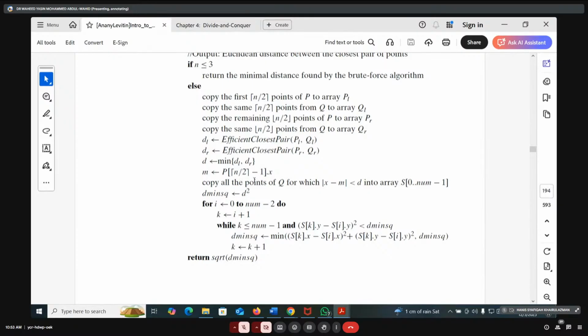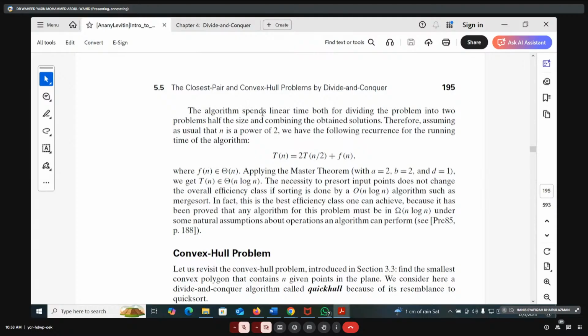So this is the complexity, 2T(n/2) plus f(n), where f(n) is in Theta(n). Applying the master theorem with d equals 1, the overall efficiency class is O(n log n), the same as an algorithm such as merge sort.